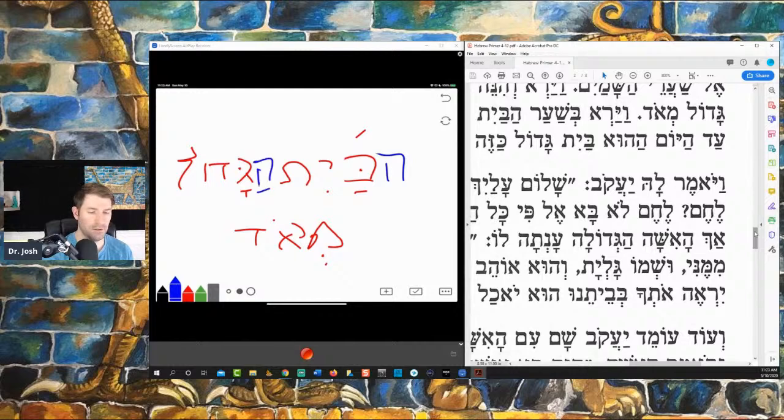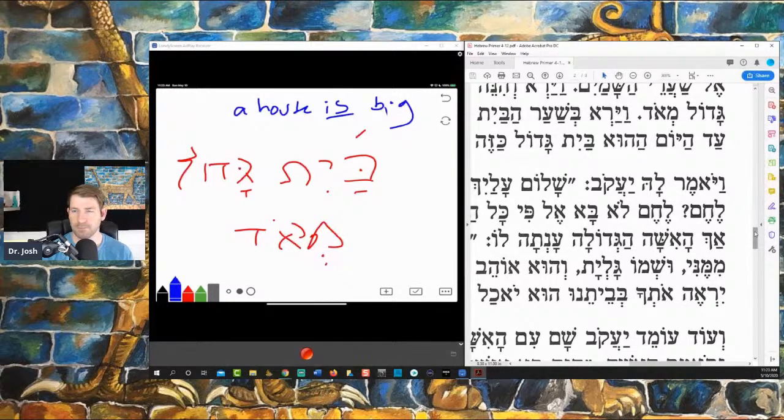This does not have a definite article. Now, that could mean, based just on form, if we didn't have this down here, we could say maybe this is saying a house is big. That could work on form alone.